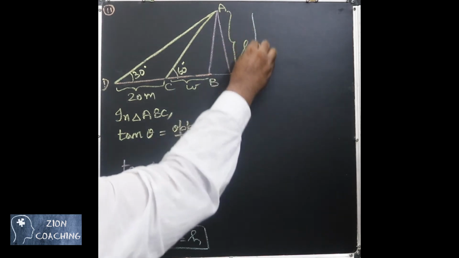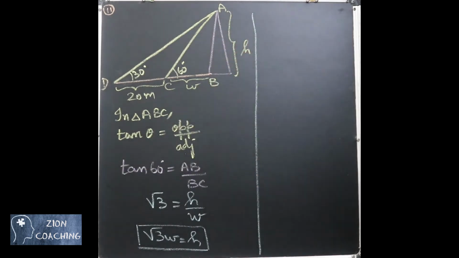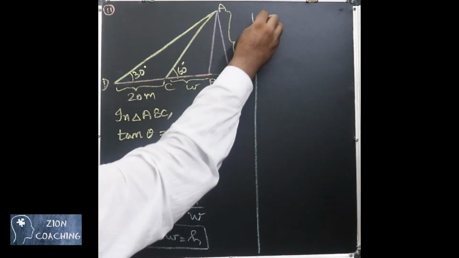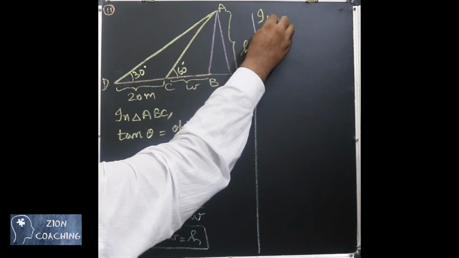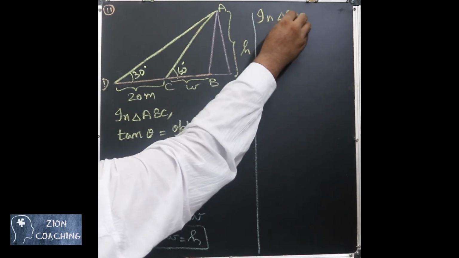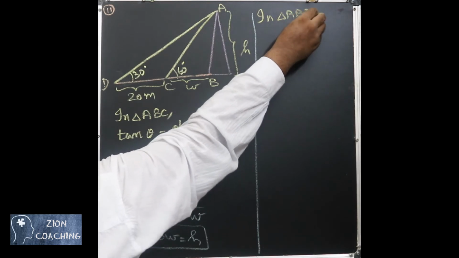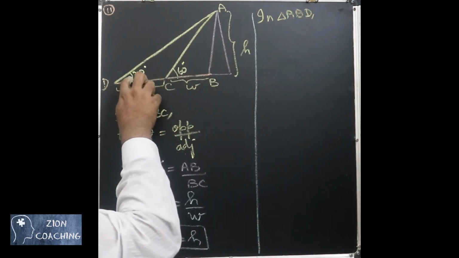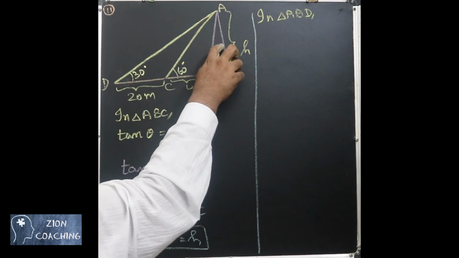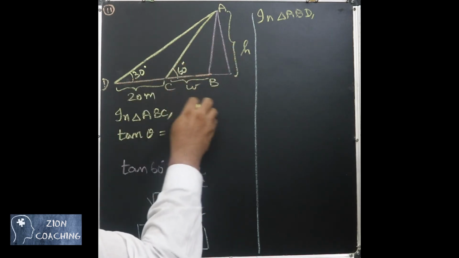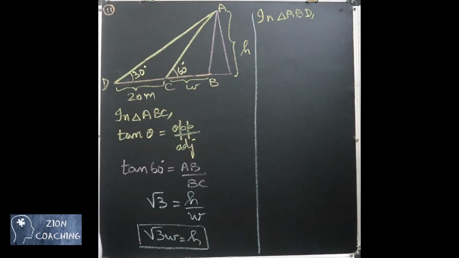Now we will move to the bigger triangle. Bigger triangle is the triangle ABD. In triangle ABD, again angle is given. We are going to relate the opposite side and the adjacent side. So it is tan theta.